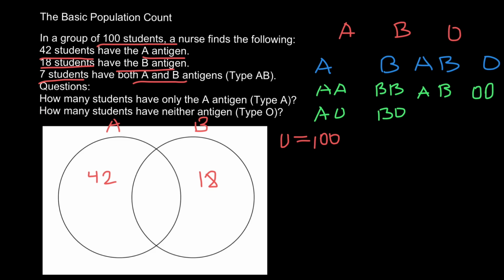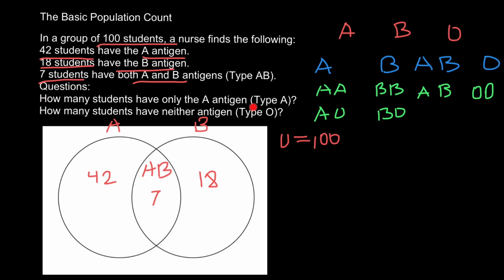So this is going to be the cross-section of both circles: A, which represents antigen A, and B, which represents B antigen. So in this cross-section, which represents AB, we are going to have 7 students.